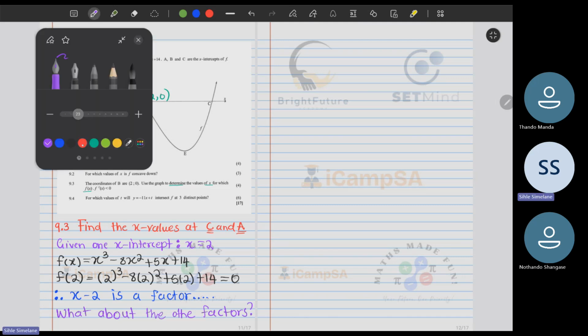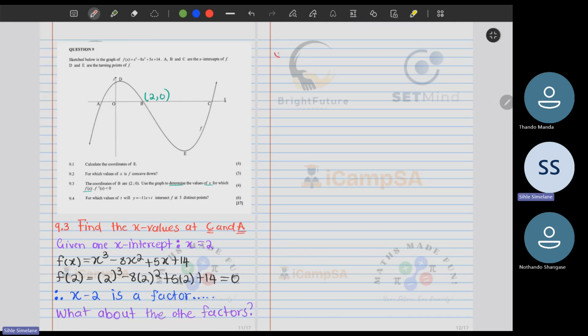For the other factors, there's a lot of ways you can go about doing this, and I can show you a couple of ways. Others would prefer to do long division, so I'm just going to quickly do that. There's many ways you can sort this out.